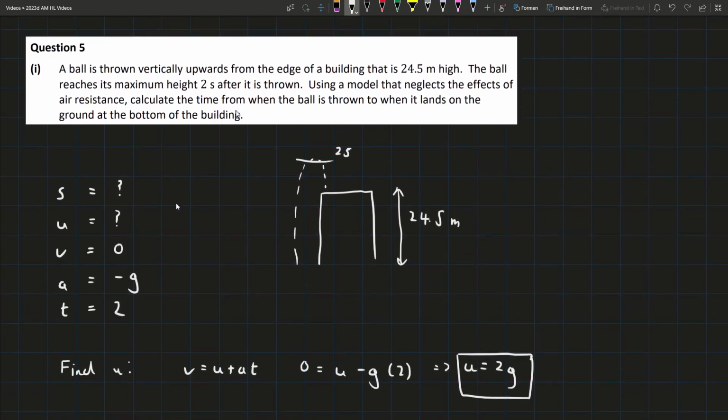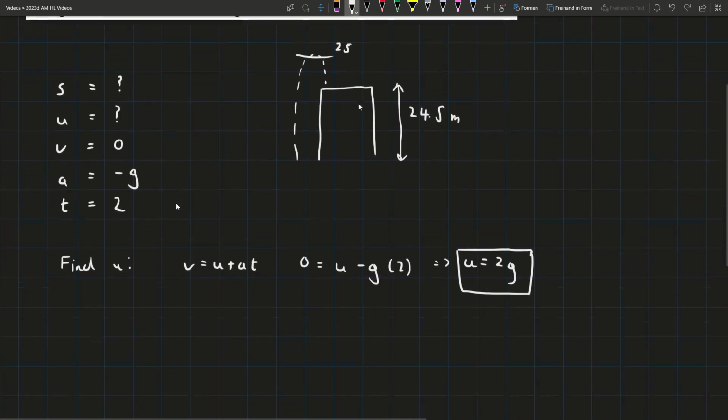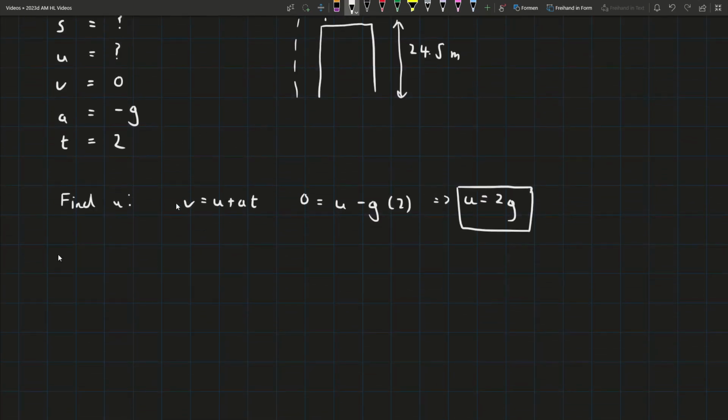We're trying to calculate the time from when it's thrown to when it lands on the ground at the bottom of the building. So now we want to find from thrown to bottom, the whole thing, now that we know the initial velocity.